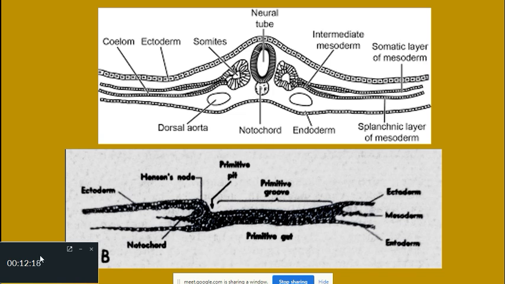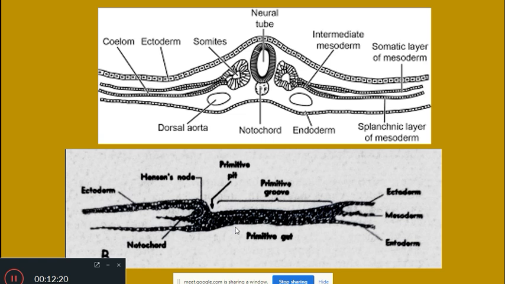Do you remember in one of the classes in gastrulation we saw this diagram? This is a lateral view, but this is a cross-sectional view. So this diagram is familiar to you. This is the primitive streak which extended up here, and this is the primitive pit, and this was the Hensen's node, and it is from this Hensen's node that the notochord started developing.